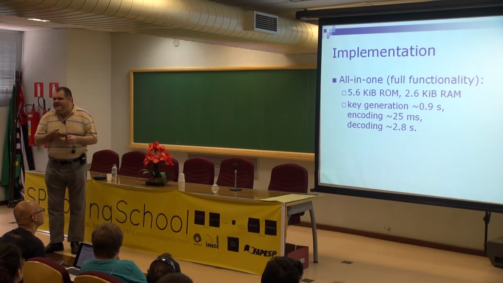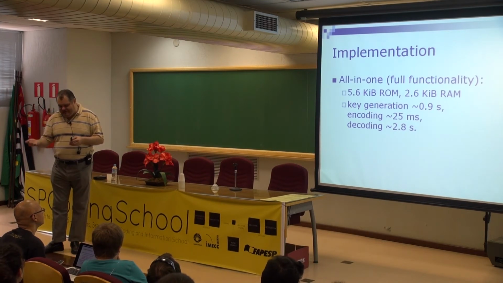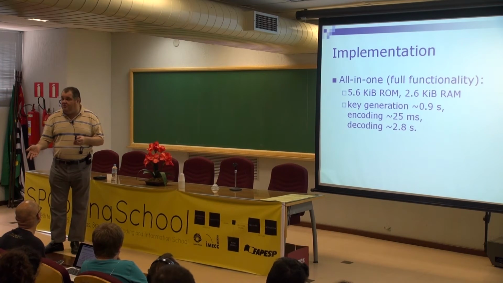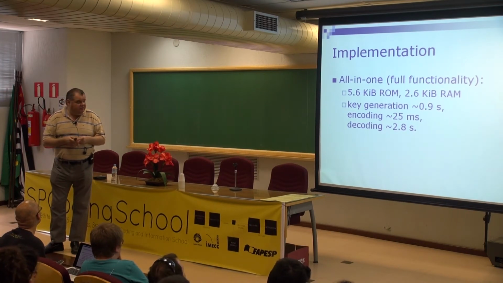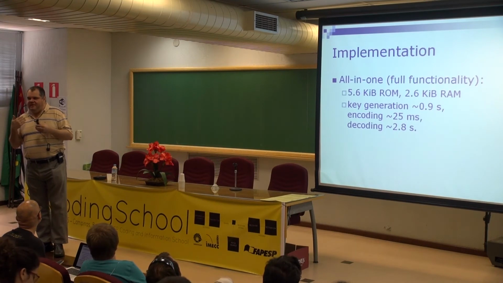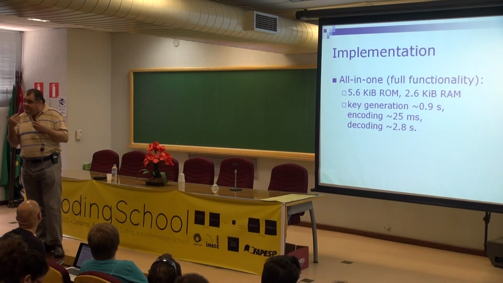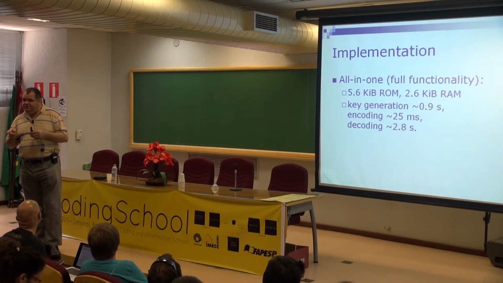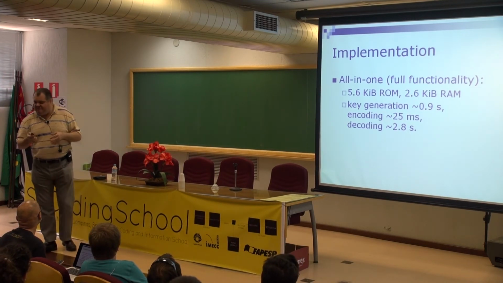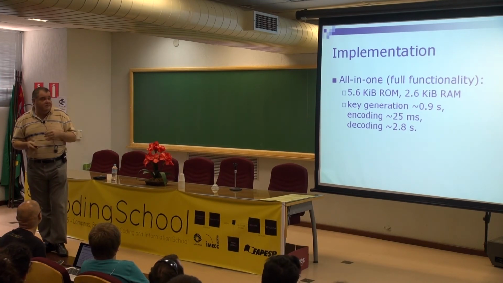When we compare this with the expected performance on a PC, it seems slow, but it's less than 3 seconds. If we measure time by what a human user would perceive, you press a button, 1, 2, okay, it's decoded. So it's acceptable for use under those circumstances.